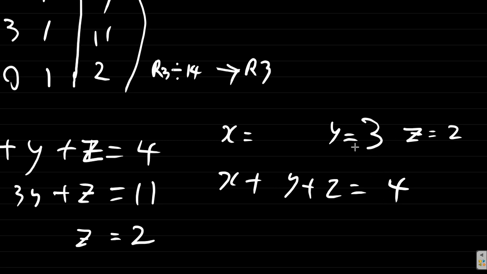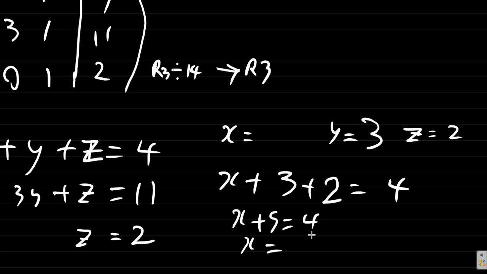Alright, we know that z is 2, so this is 2. Y is what now? Y is 3. So we have 3 here. Nice. So 3 and 2 is what? 5. So x plus 5 equal 4. And then x equal, we subtract 5 from both sides. 4 minus 5 is negative 1. So x equal negative 1. Nice. So that's what we have.